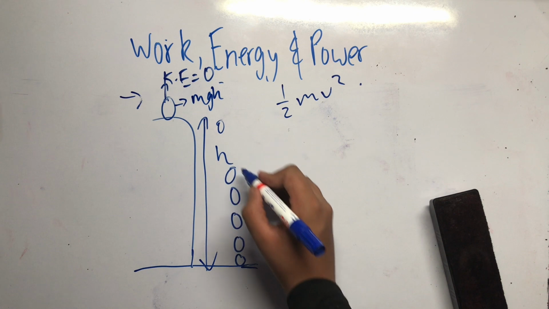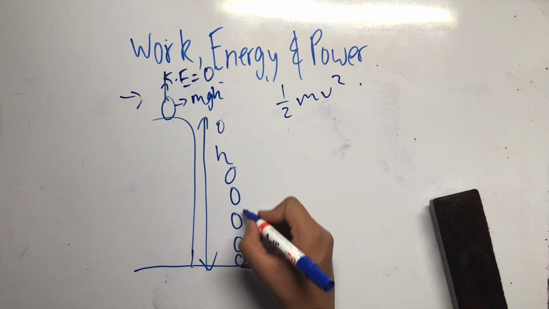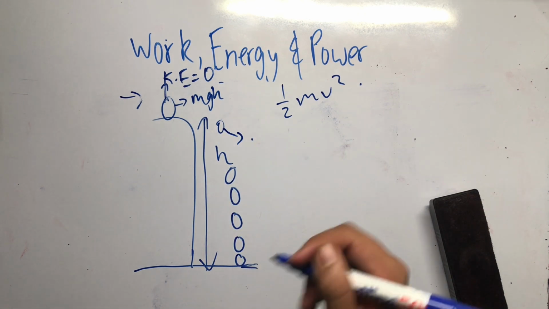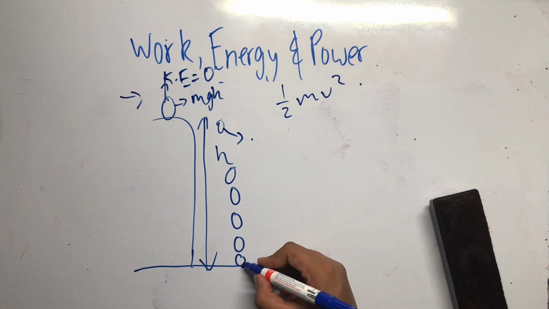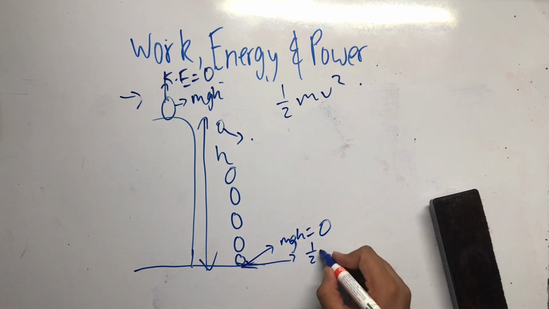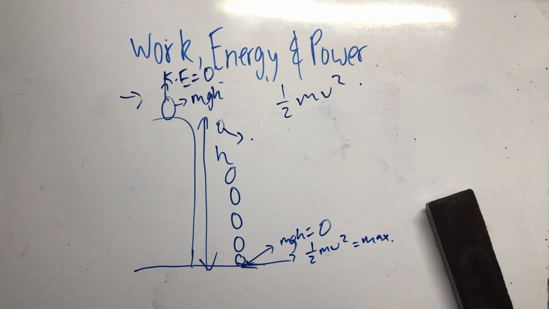Now slowly and gradually, as you see, your h is decreasing. As your h is decreasing, the object is gaining certain velocity, and as it is gaining certain velocity, its kinetic energy is increasing, and finally at this point, when the height is 0, mgh is equal to 0, and 1 upon 2 mv square is maximum, because at this point the velocity which the object has is the greatest.